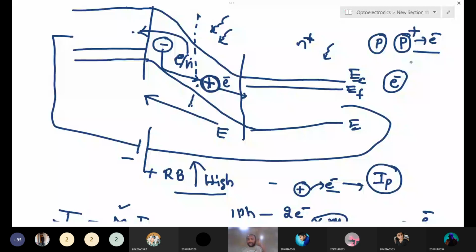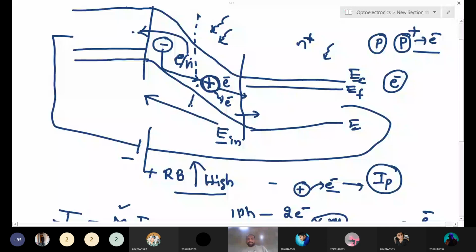Here the internal electric field is also high in the depletion region. After collision, two electrons are generated, right? These electrons are also swept out towards the end region because the internal electric field is very high in the depletion region. Because of this high electric field, electrons are immediately swept out from the depletion region, and holes are swept out towards the p region.